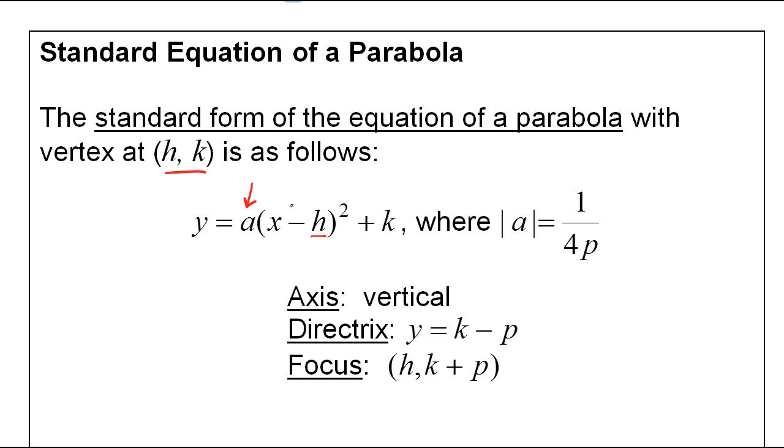Well, now we're going to use this a and this equation that says the absolute value of a equals 1 over 4p, and that's going to give us a special value called p. p is going to be the distance from the focus to the vertex, and then from the vertex down to the directrix.